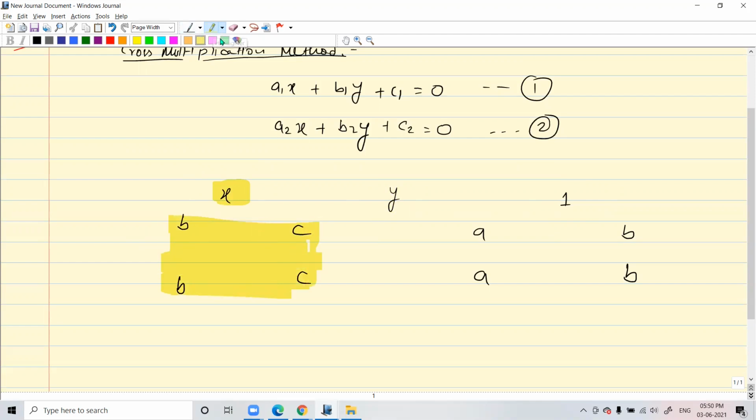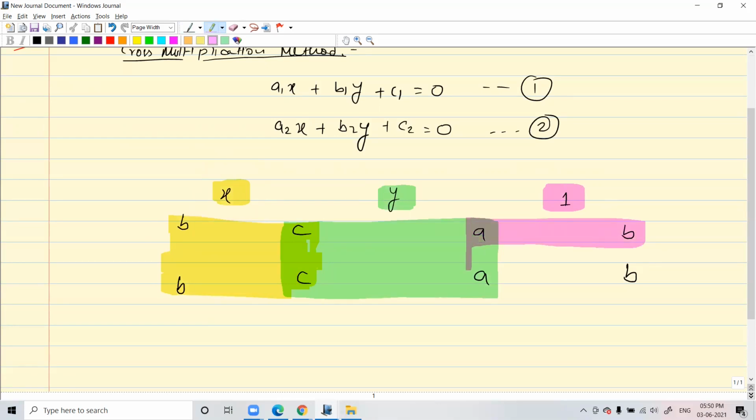For y, you will have C and A as a pair. And for the last one, for this 1, you will have A and B as a pair. So the order is B, C, A, B.